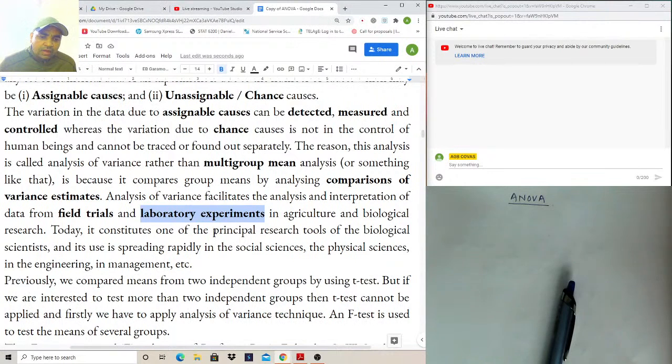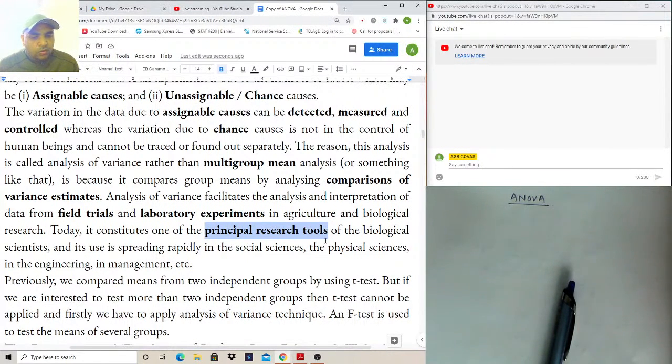I can say that if there are 1,000 research theses in a library, at least 990 will have this ANOVA in them. It has become one of the principal research tools of biological scientists, and its use is spreading rapidly into the social sciences, physical sciences, engineering, and management, everywhere.